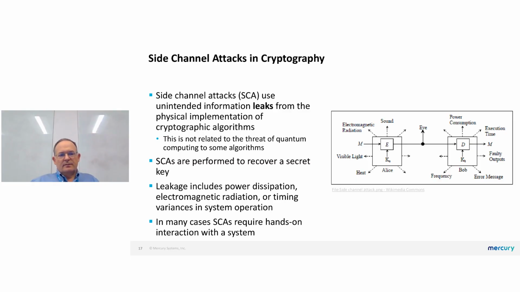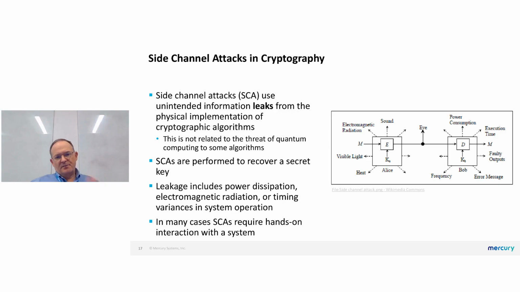Side channel attacks are generally performed to recover the secret key from a system. So that might be an encryption key that's used to encrypt and decrypt data, or it might be a key that's used to sign data.